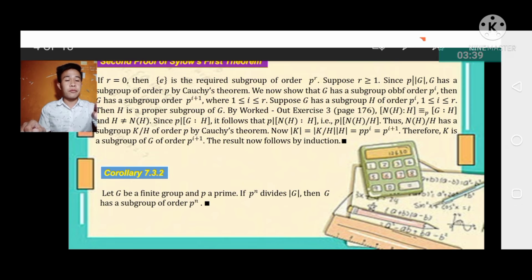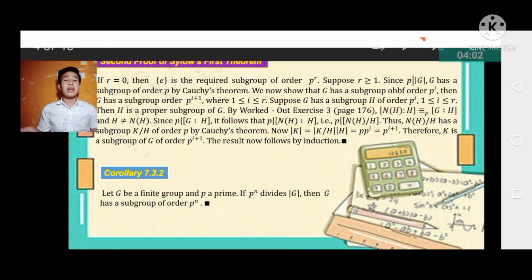So if 3 to the raised of 1 divides the order of the group G, which is equal to 6, because our finite group is 3 to the raised of 1 times 2, which equals 6, that is the order, the cardinality of the finite group G.